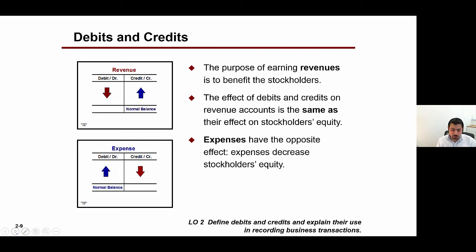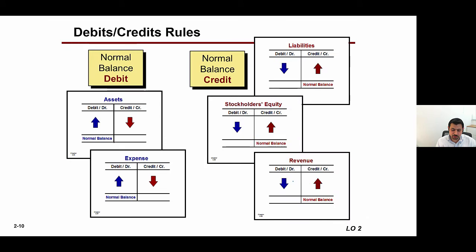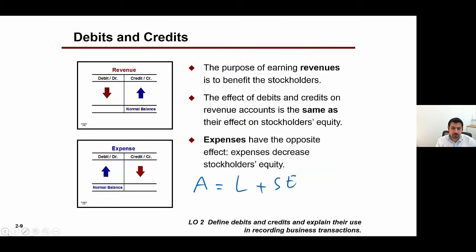So, why is that? Let's remember the expanded accounting equation, and then we will understand it better. We had assets equal to liabilities plus stockholders' equity. Okay? And this is why.